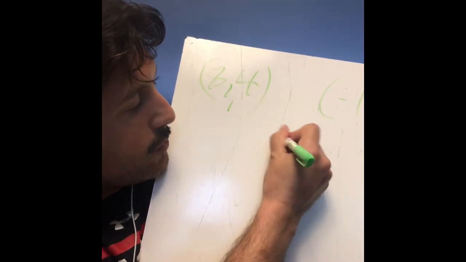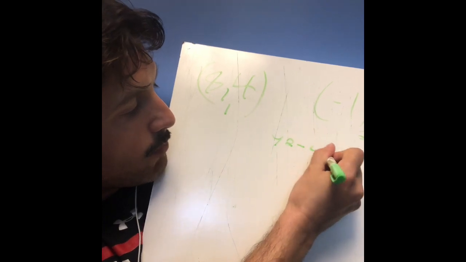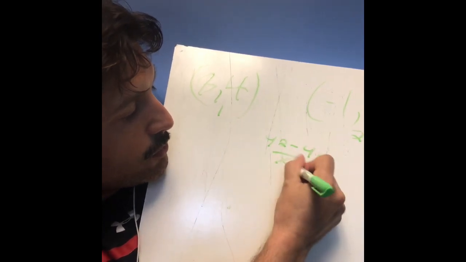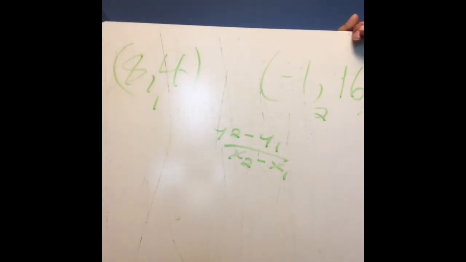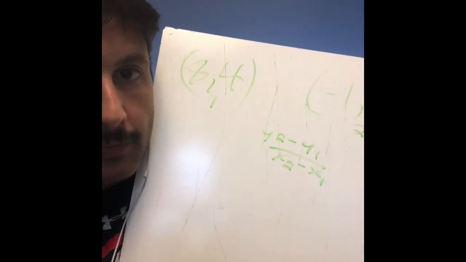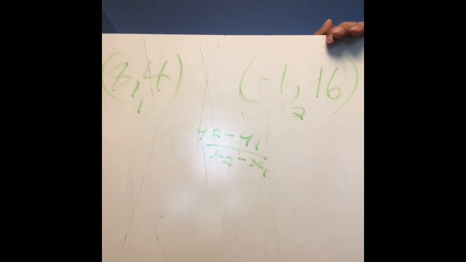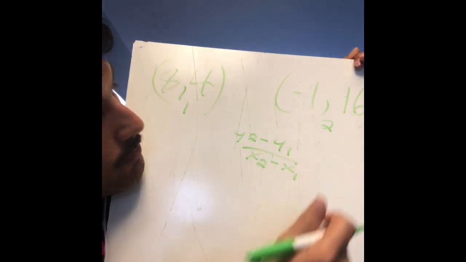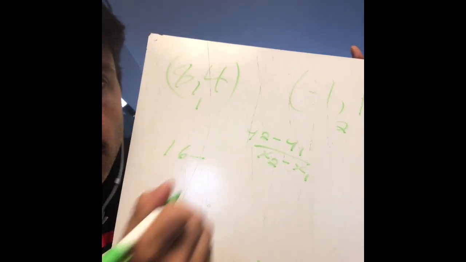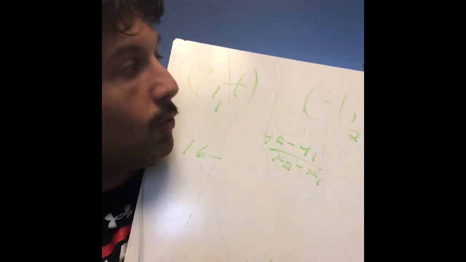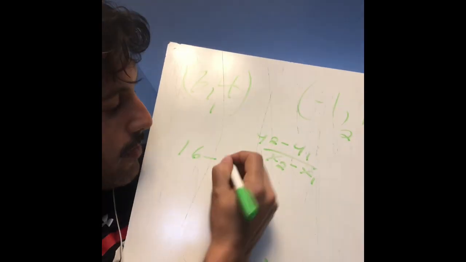So y2 minus y1 over x2 minus x1. Now, y2, I'm looking at point 2, and the y value is the second value, so it is a 16. 16 minus y1 is a 4.